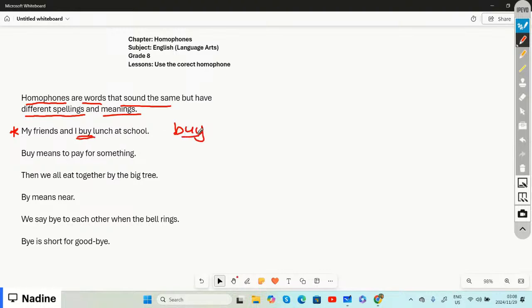So here we have the first word buy, which is B-U-Y. And that word buy means to pay for something. You pay for something and you get your goods, your product, or whatever you're buying.